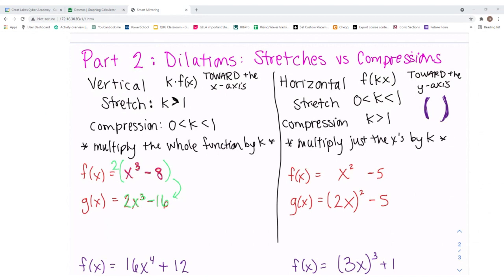Okay, so we multiplied it. We multiplied the entire thing by the same number.